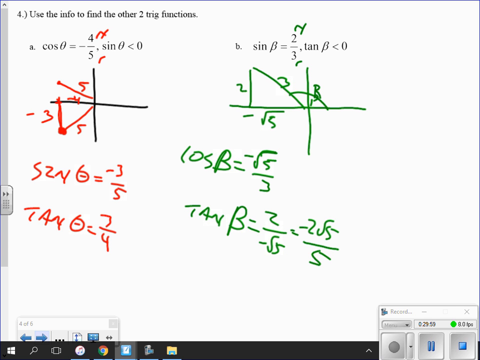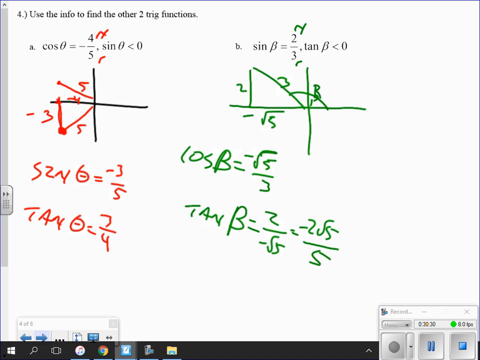If you're getting fractional values like this, the only values you're ever going to get from the unit circle are root 2 over 2, 1/2, root 3 over 2, 1, 0, that kind of stuff. If it's something else, you're setting up a triangle like this. And your denominator is your radius, and the numerator is either your y-coordinate or your x-coordinate if it's sine or cosine. Okay, does that make sense? Does that help a little bit?